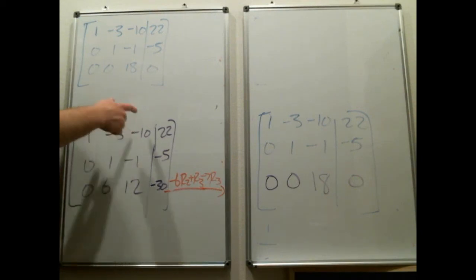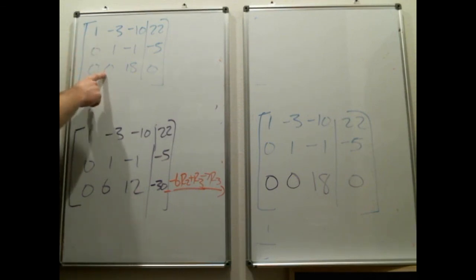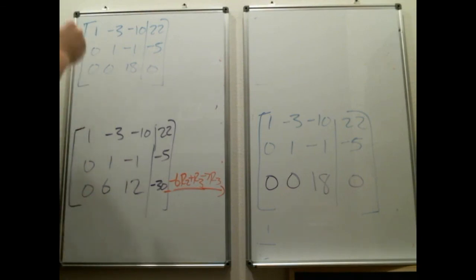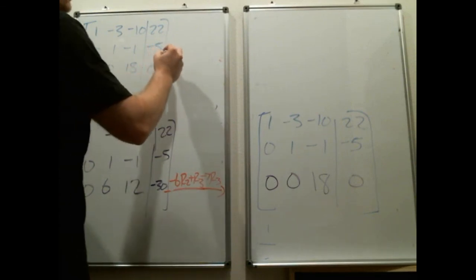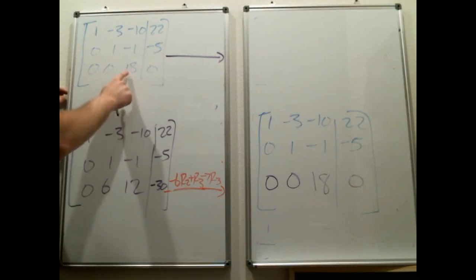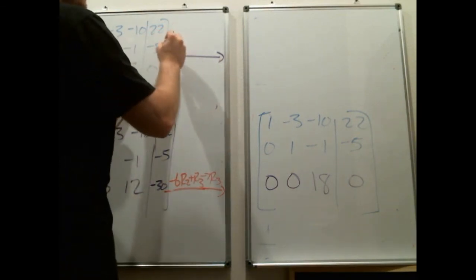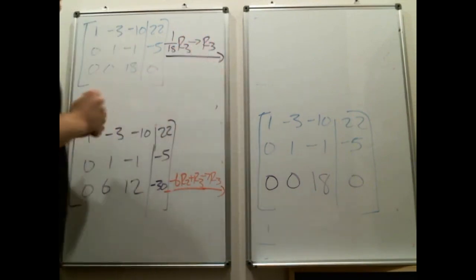So we can't add either of these rows to row 3 because we're going to change these zeros if we do that. So we need to think back to the second row operation again. And that one's very helpful. We can multiply row 3 times 1/18 and make this a 1. So 1/18 times row 3 gives me a new row 3.